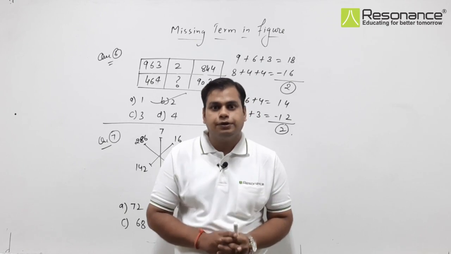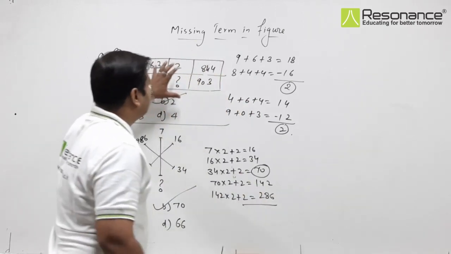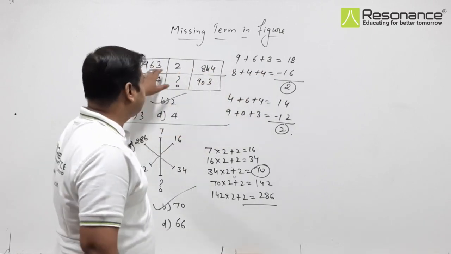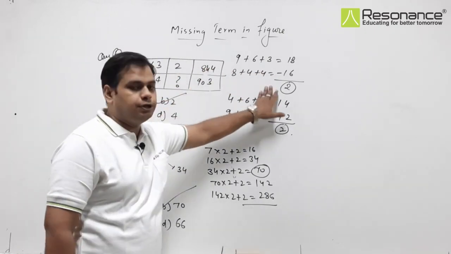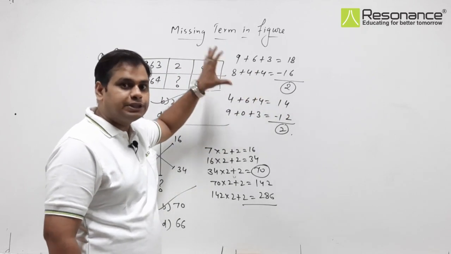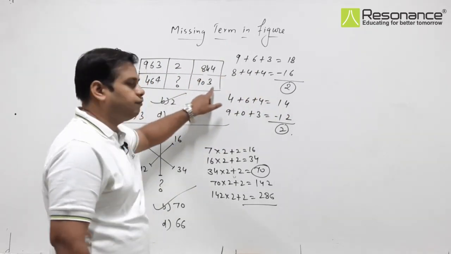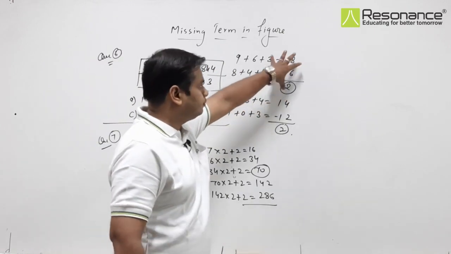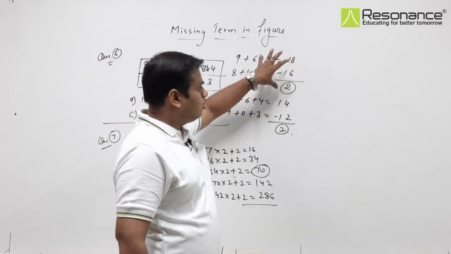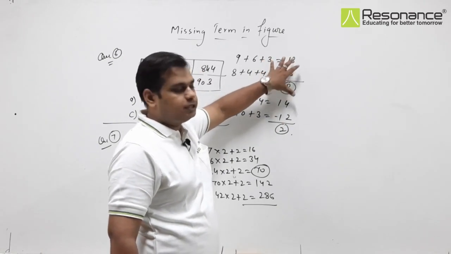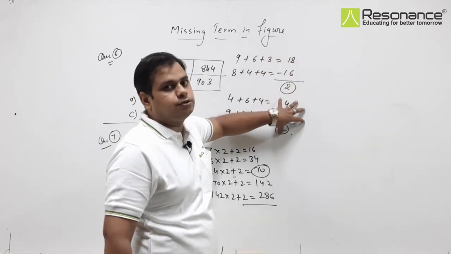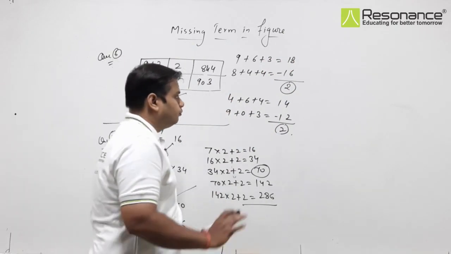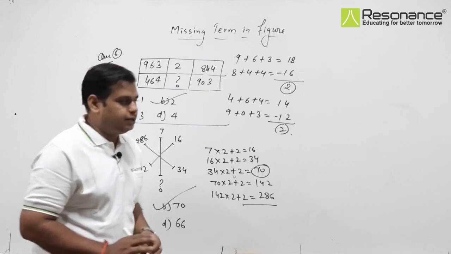Remember this thing: if you are adding or subtracting in one relation of numbers, you have to do the same thing for the required numbers. If you are adding, subtracting, multiplying or dividing something here, then you have to do the same also here for the resultant. Remember, we cannot change any logic.